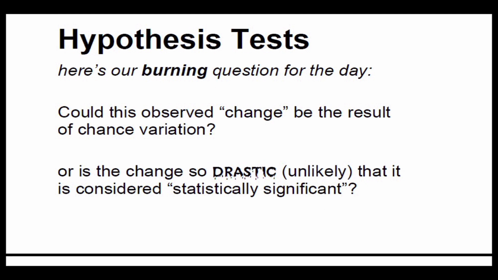I take a sample, and my sample is so far away from their claim that it has to be considered statistically significant. If I did my sample correctly, and your claim is what you say it is, the chances of that happening are so small that your claim has to be wrong. That's what we're trying to figure out.